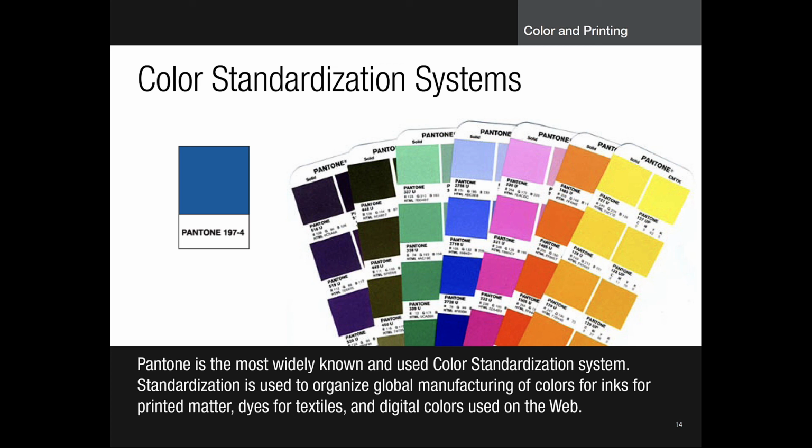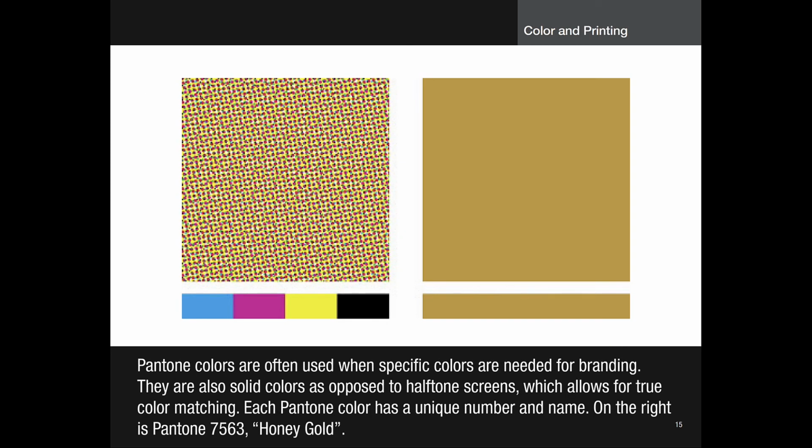To make sure everything and the branding is identical, most brands will select a color palette out of the Pantone system. The reason we use Pantone colors is if you look on the right here, this is a pure Pantone color. It is a solid color. If you print with it, it's called Honey Gold or Pantone 7563.